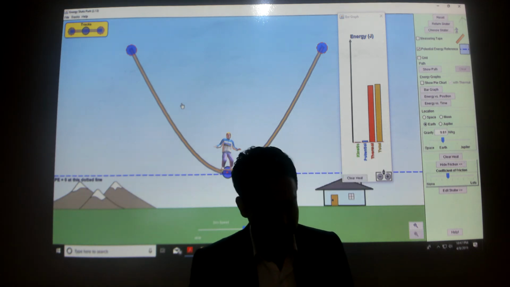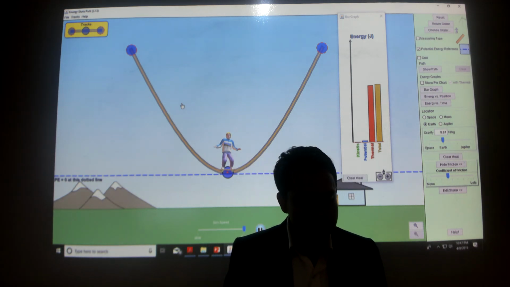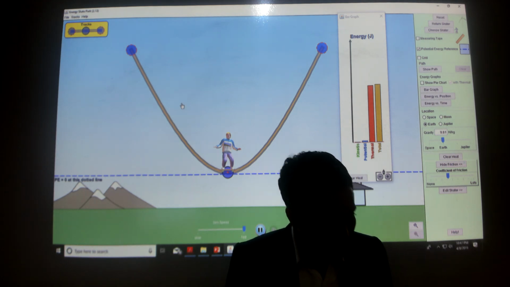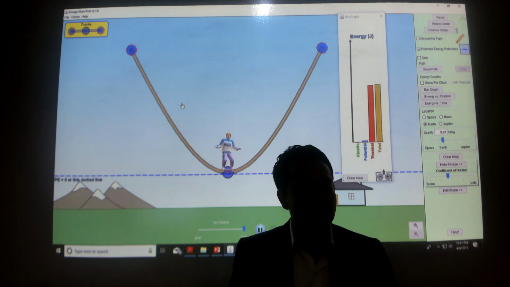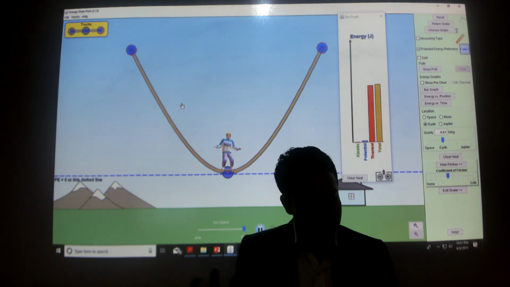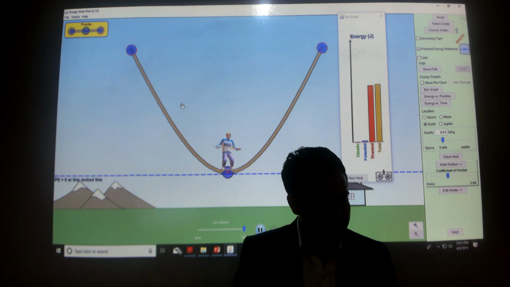So what you learn here is that the total energy of a system is always constant. You can only change from one form of energy to another form of energy. And in this simulation, what I demonstrated is that the gravitational potential energy is changing into the kinetic energy, and the kinetic energy is changing into the potential energy.